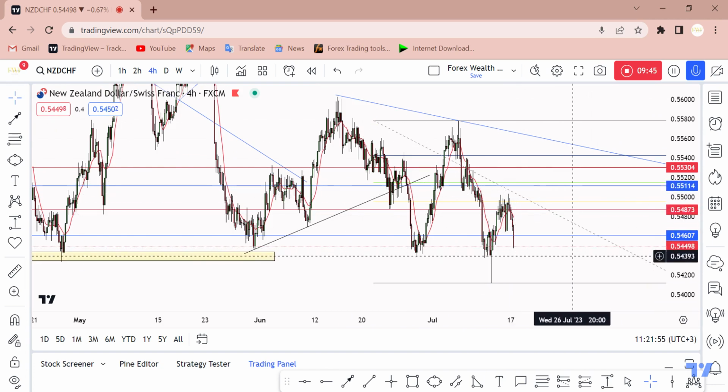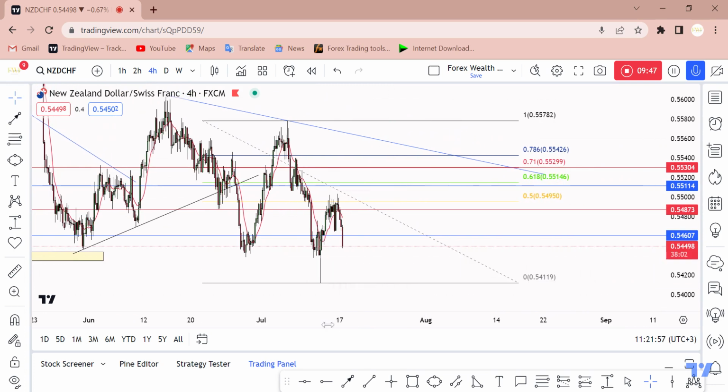We have a trend. It moved yesterday strongly from the 50 fib level, and I really don't use this level. I don't think it's useful. It rarely pushes the price either to the upside or the downside. I would rather wait around those three fib levels, 61, 71, and 78.